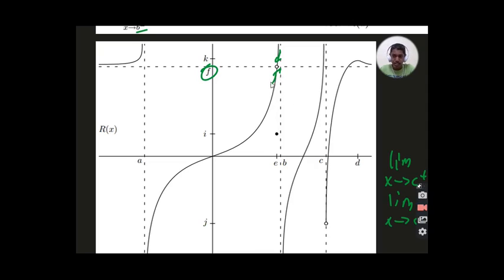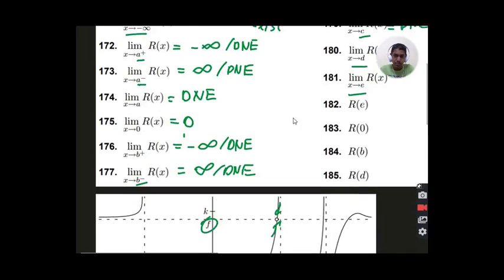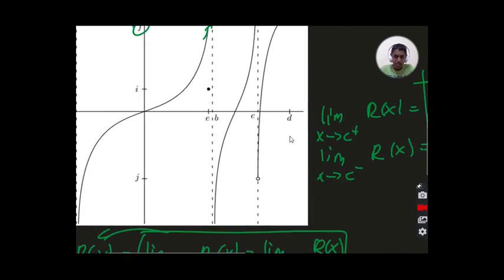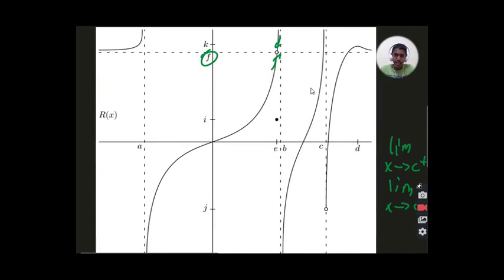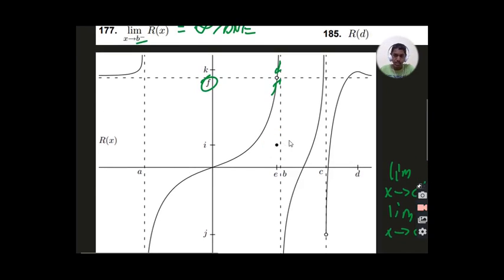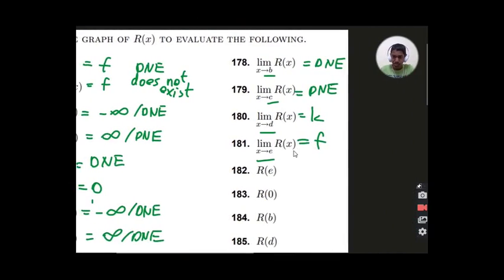And the right and left side limits are going to be the same, so actually that's going to be f and not e. So this is an important thing to note, is that the limit may not exactly be the point at which the function is defined, but the limit can still exist.